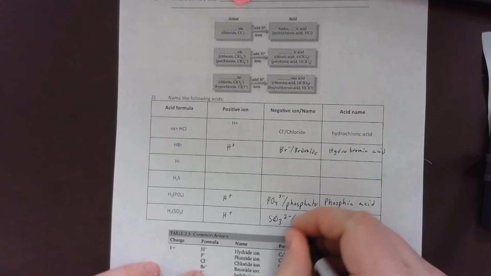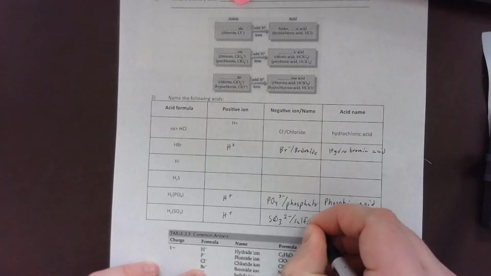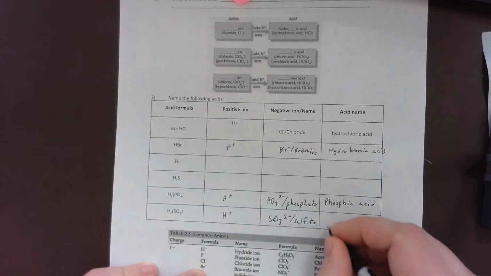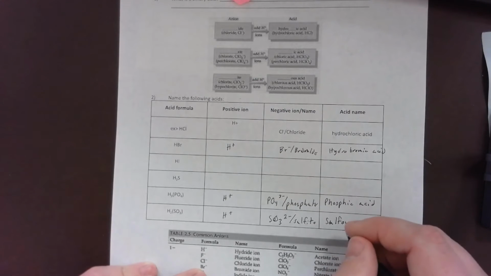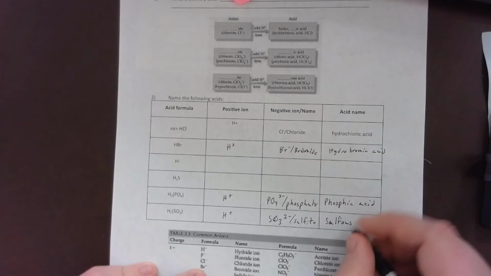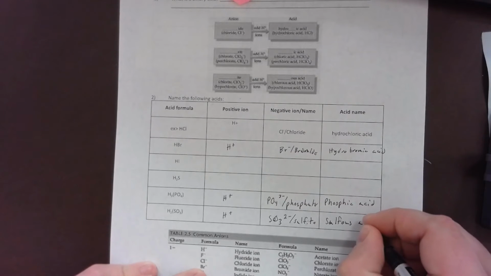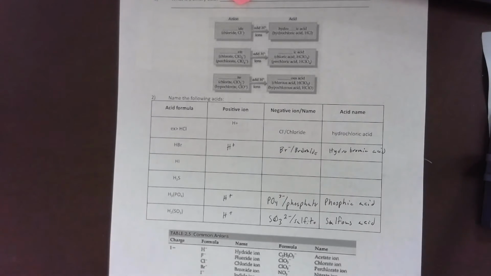So sulfite means it's going to be sulfurous acid.